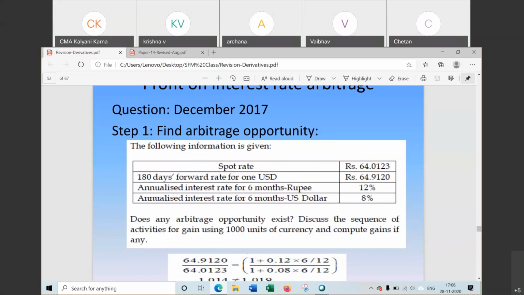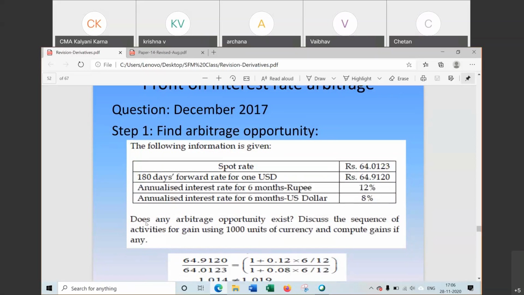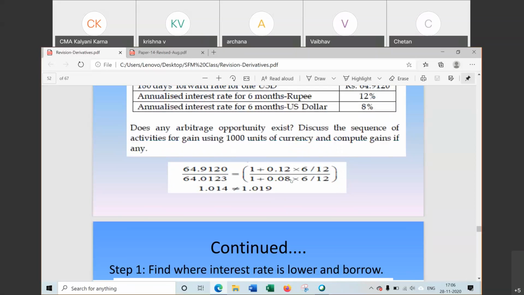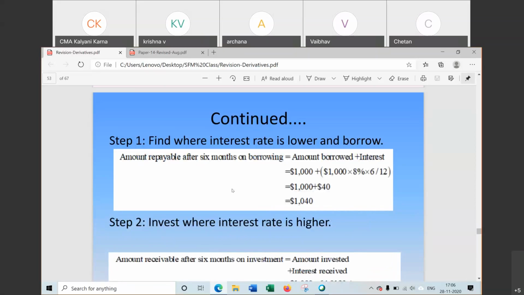Question December 2017, profit on arbitrage. First step, the question says find out whether arbitraging will be done or not. So we have computed the left hand side and right hand side of this equation. This one is not equal. There will be arbitraging. Now how to find arbitrage?